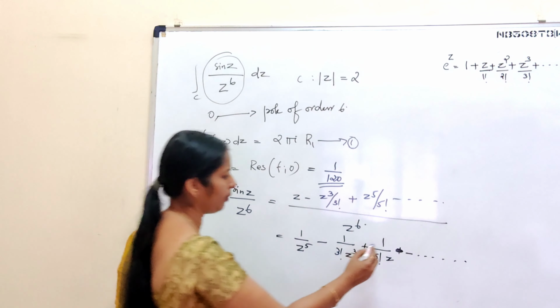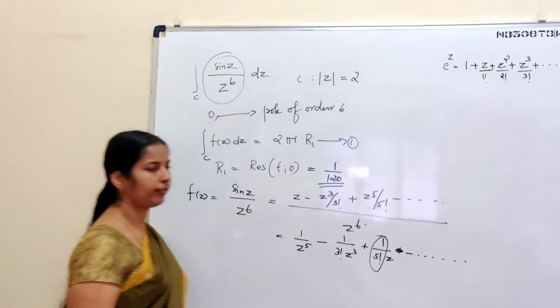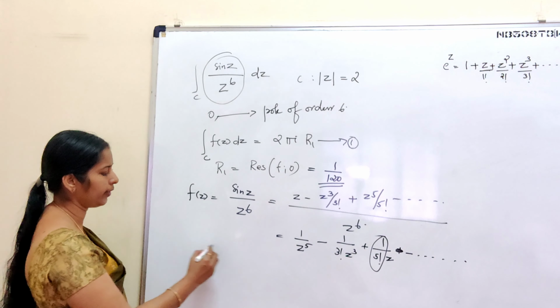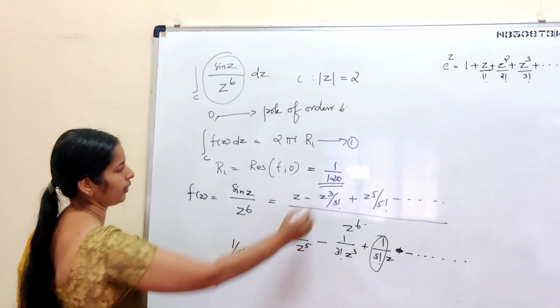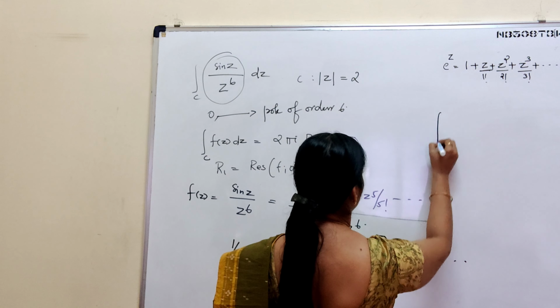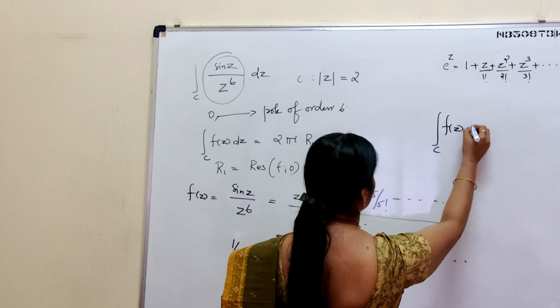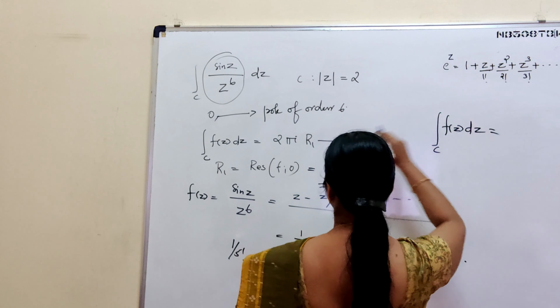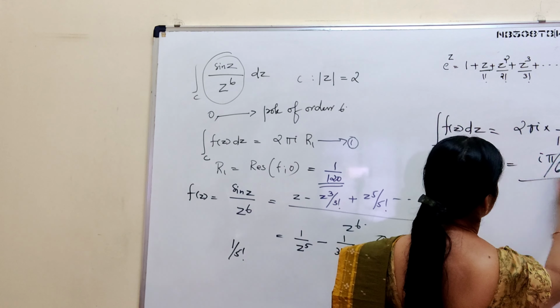So the coefficient of 1 by z here is 1 by 5 factorial. So the residue is again 1 by 5 factorial. That is our 1 by 120. So for getting the answer of the integral, you put in equation number 1. So integral over C f z dz is 2 pi i into 1 by 120. That is i pi by 60.